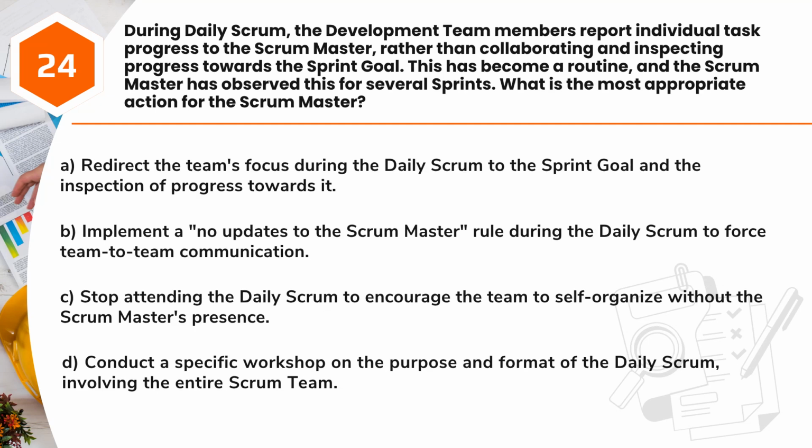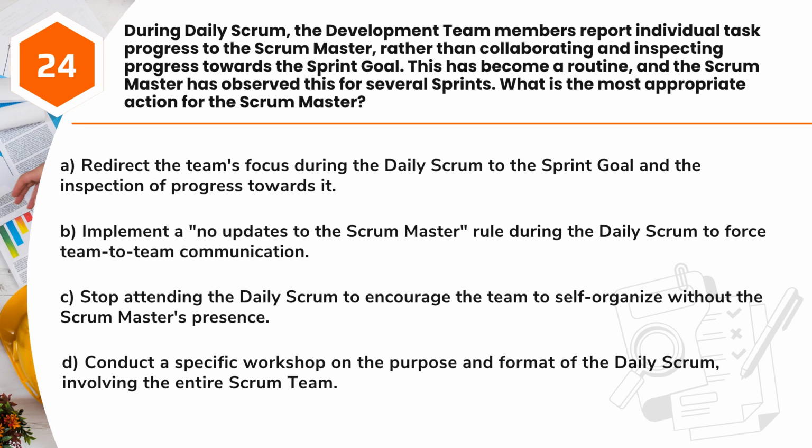Question 24. During daily Scrum, the development team members report individual task progress to the Scrum Master, rather than collaborating and inspecting progress towards the sprint goal. This has become a routine, and the Scrum Master has observed this for several sprints. What is the most appropriate action for the Scrum Master? A. Redirect the team's focus during the daily Scrum to the sprint goal and the inspection of progress towards it.